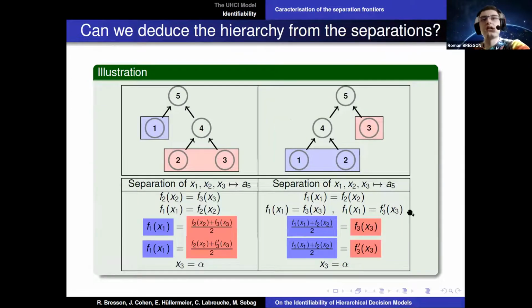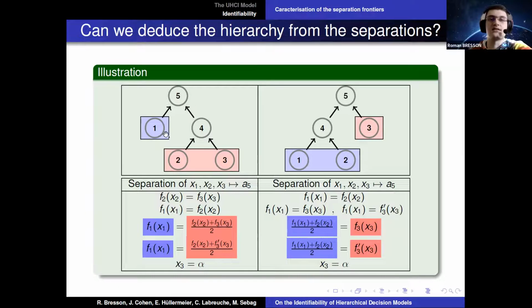You can do it the other way around. If you are given the separations, you can deduce the model, because each aggregator is a piecewise convex sum. If you take all of the regions of these piecewise C1 parts and compare them, you have a separation border every time one is equal to a function that is also in a region of this aggregator.